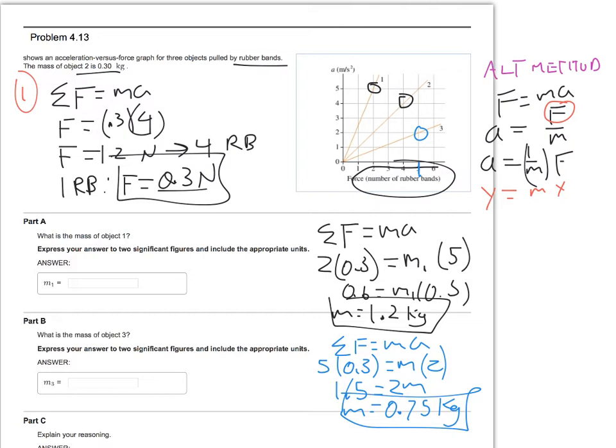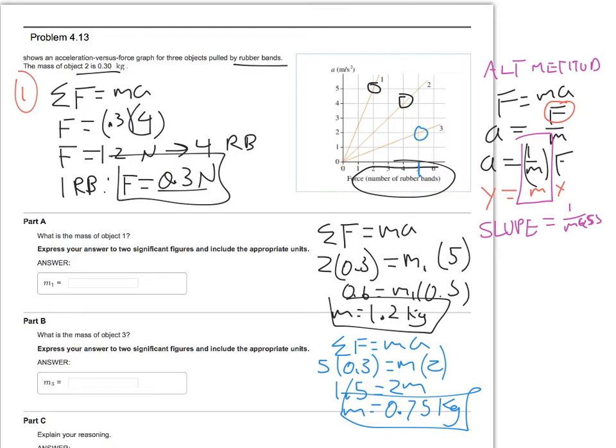So we have acceleration on the y, force on the x, and our slope then is going to be, and this is a little bit confusing because we have an m for slope and an m for mass, but our slope is going to be equal to 1 over the mass of the object. So we could use that and get our slopes and look at the ratio of our slopes to be able to get our other masses.